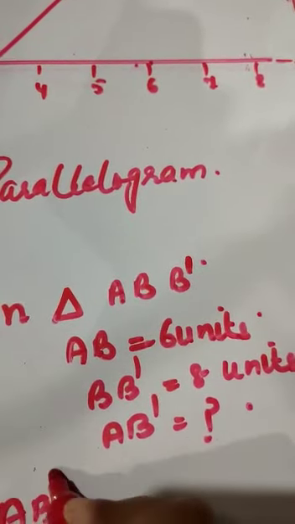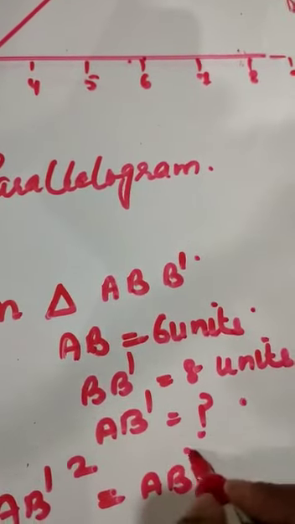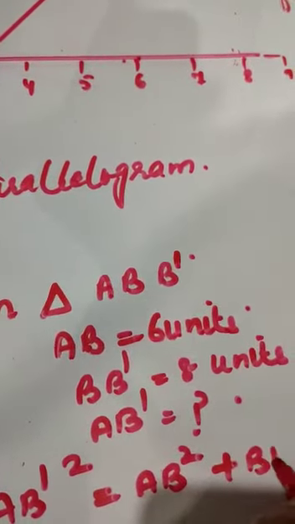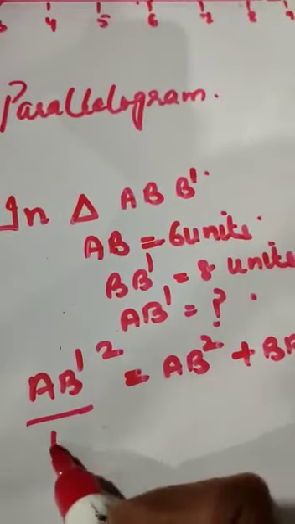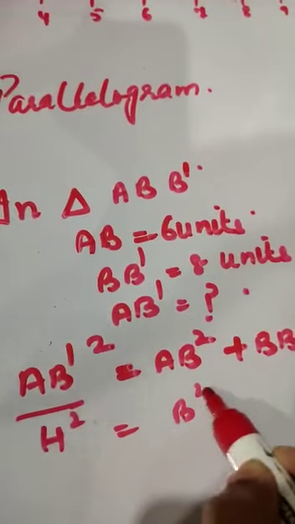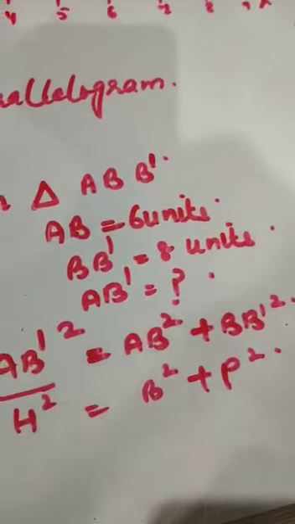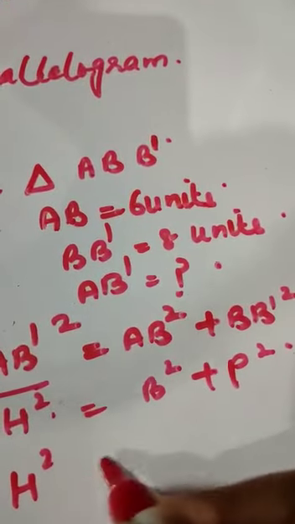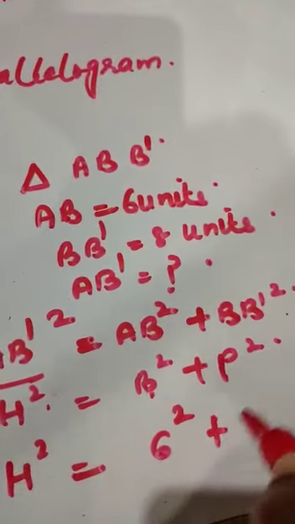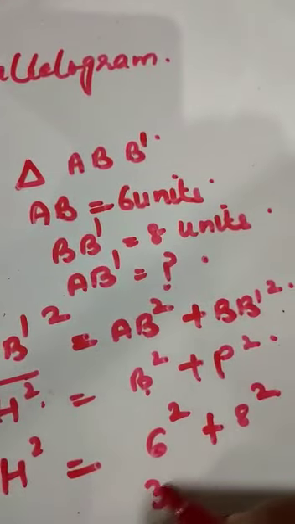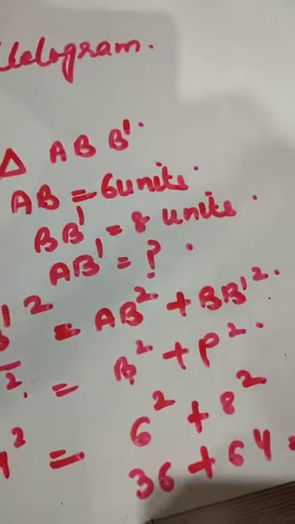So AB dash square is equal to AB square plus BB dash square. Hypotenuse square is equal to base square plus perpendicular square. So hypotenuse we don't know, base is 6 square, perpendicular 8 square: 36 plus 64 is equal to 100.